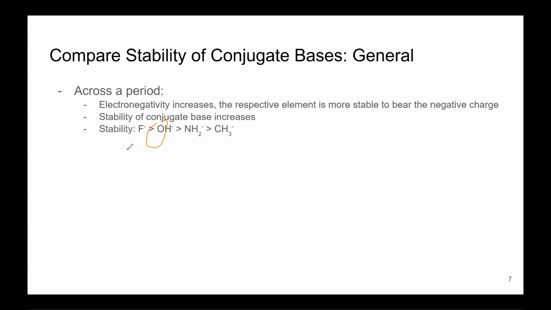Although we write hydroxide like this, the negative charge is on the O atom, here it's on the N atom, and here it's on the C atom. So we take a look at the atom where the negative charge is located. Here, of course, F- is the most stable, so the stability increases across a period.